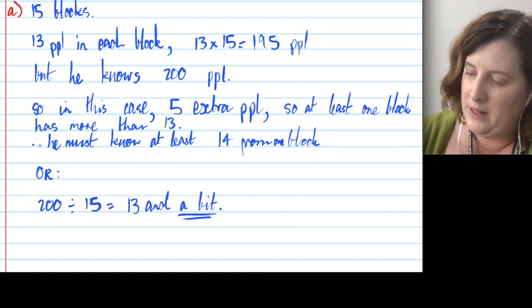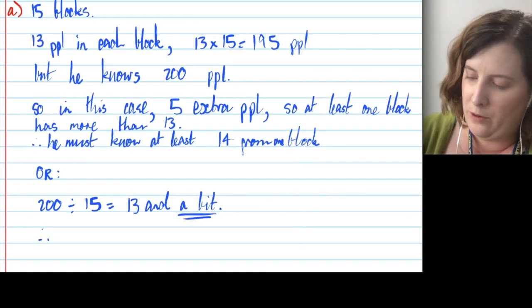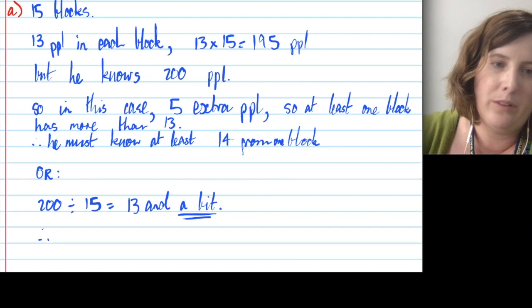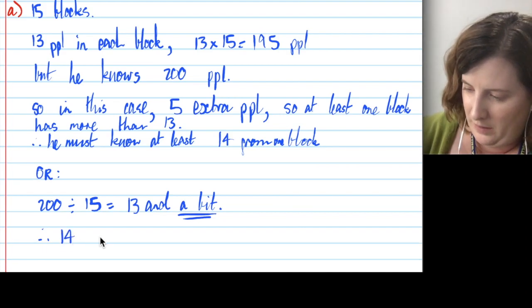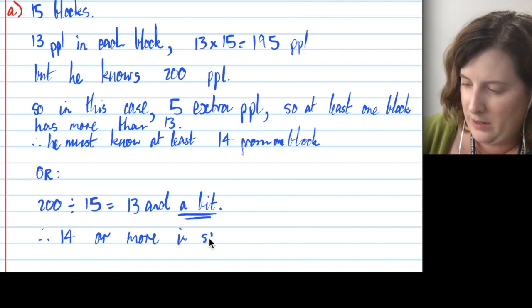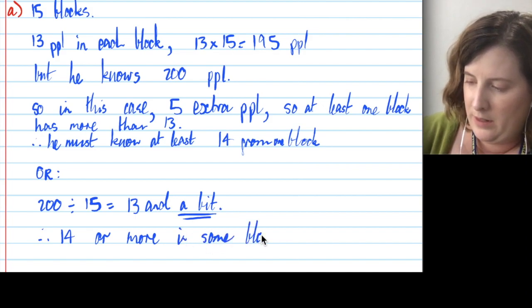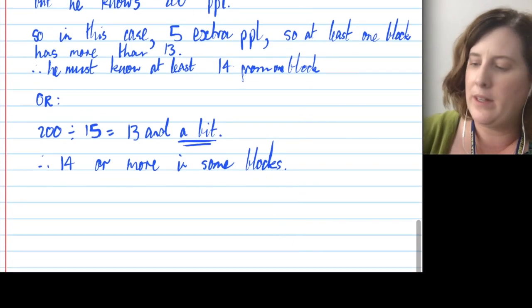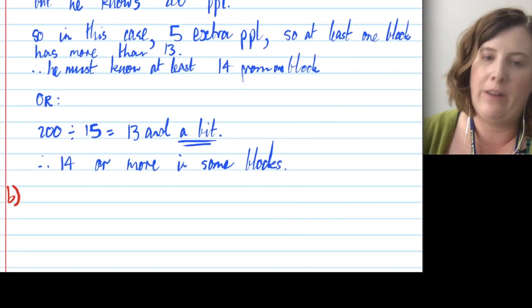It's the and a bit, which means therefore 14 or more in some blocks. That makes more sense than doing it the other way, I think. I'm going to do it that way from now on.